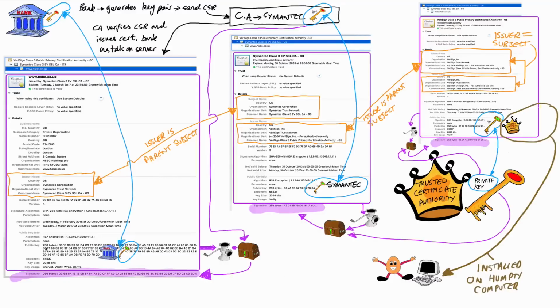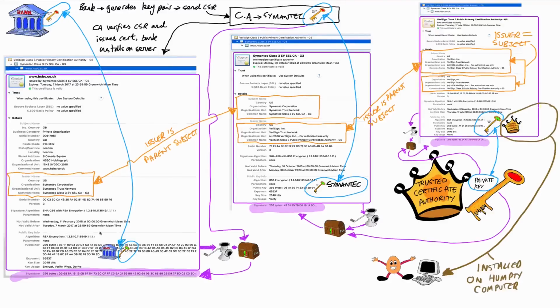To be clear, that is the public key belonging to HSBC, who obviously have the corresponding private key that they generated right at the beginning, which will never ever leave the HSBC server. That's very important.